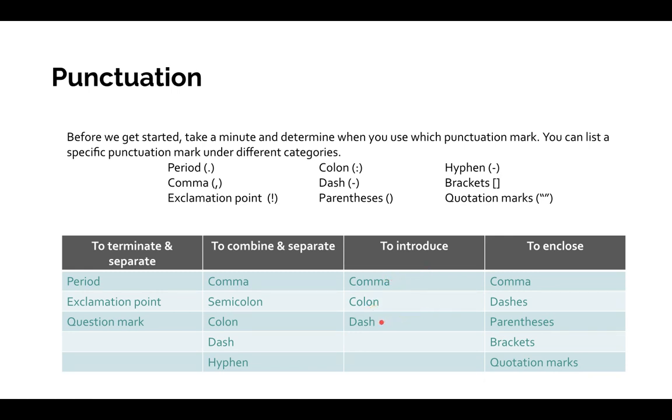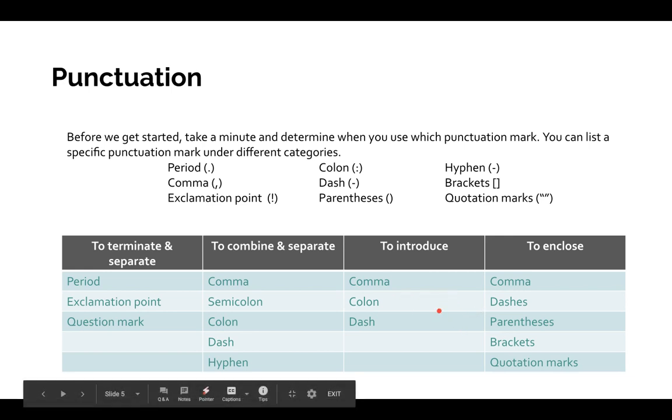We have the comma and dash again, and then we also have the colon. We know that colons are used to introduce lists. So if we're talking about all the things that we need to have on our NTI day, colon, computer, packet, pencil, headphones. We know that that's introducing it.